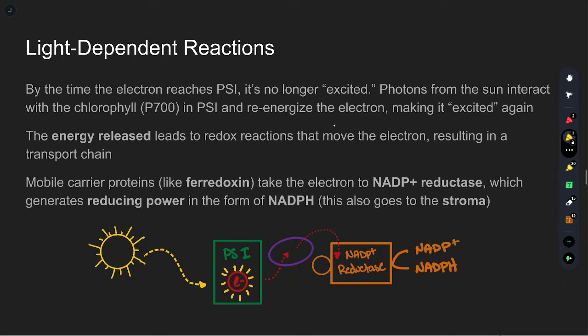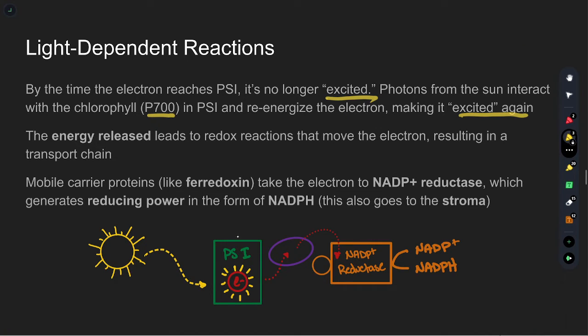And we talked about this earlier, right? By the time the electron reaches PS1, it's no longer excited, and photons from the sun interact with the chlorophyll in PS1. This is chlorophyll P700, and the electron absorbs these photons from the sun and becomes excited again. So we see photoexcitation happen twice.